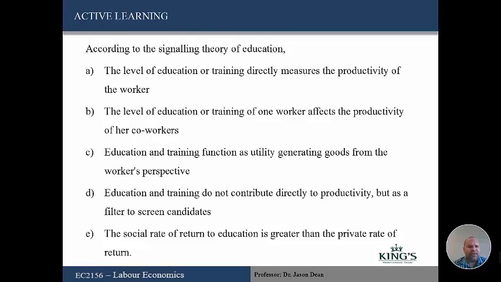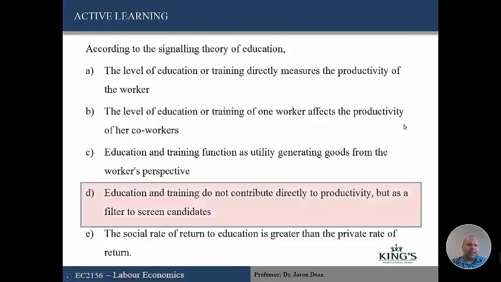C, education and training function as utility generating goods from the worker's perspective. D, education and training do not contribute directly to productivity, but act as a filter to screen candidates. And E, the social rate of return to education is greater than the private rate of return. So which one do you think is the correct answer?